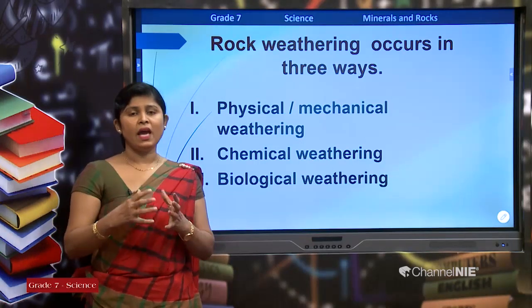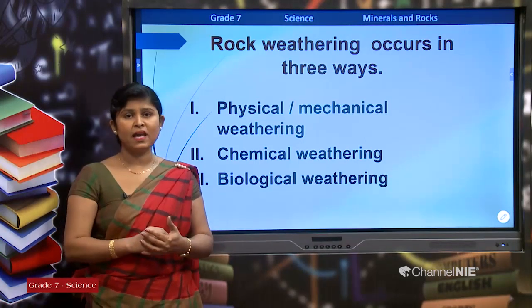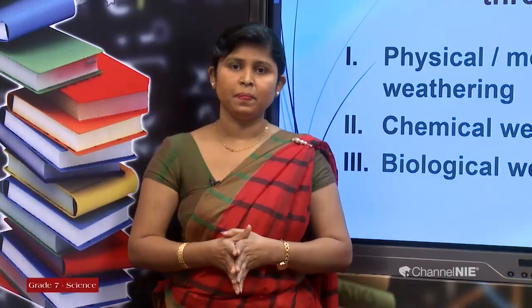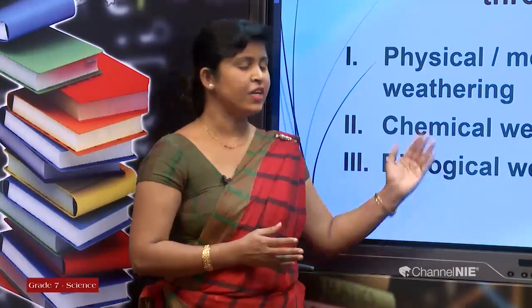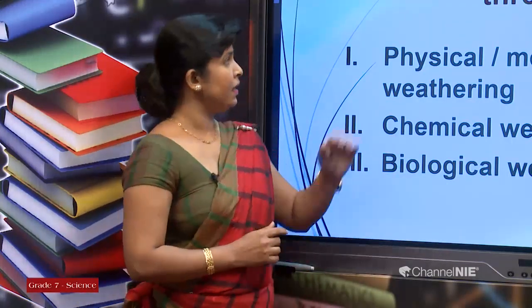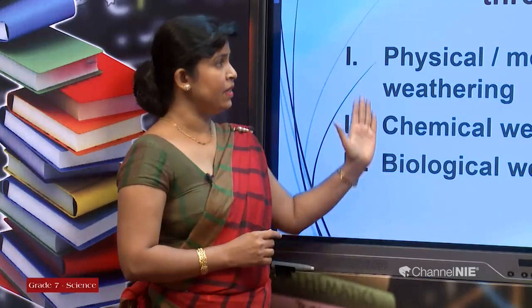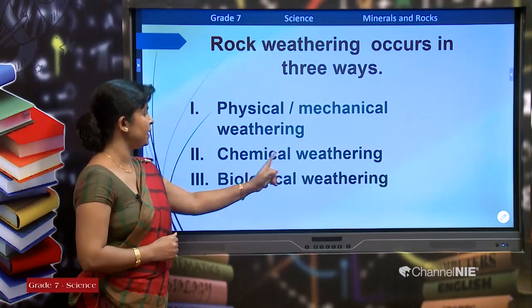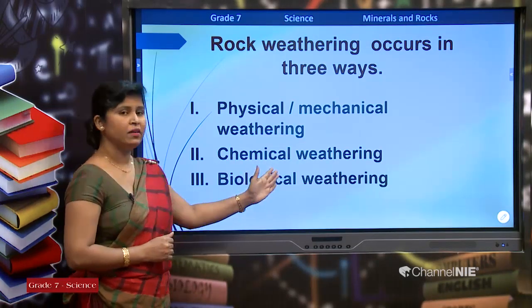Due to the action of plants and animals, the rocks get weathered. That is known as biological rock weathering, right? I think you can understand. Then there are three methods of weathering of rocks: physical or mechanical weathering, chemical weathering and biological weathering, right?